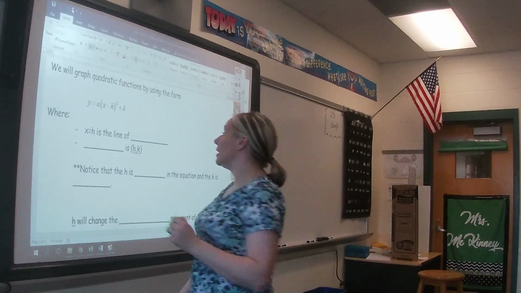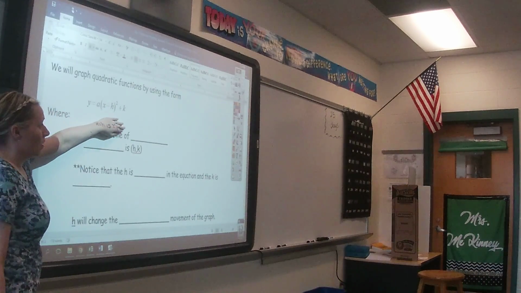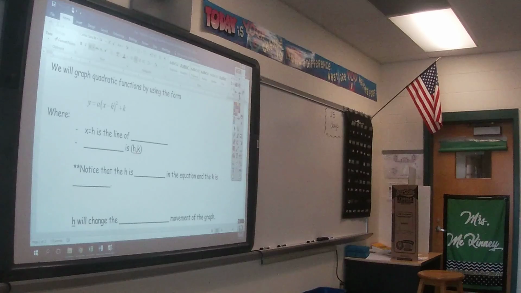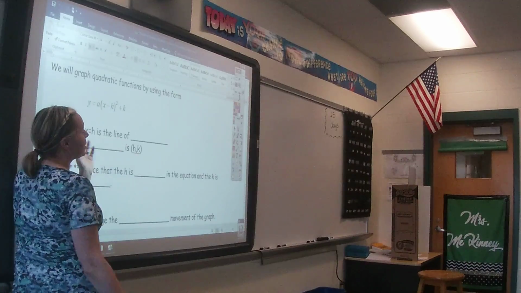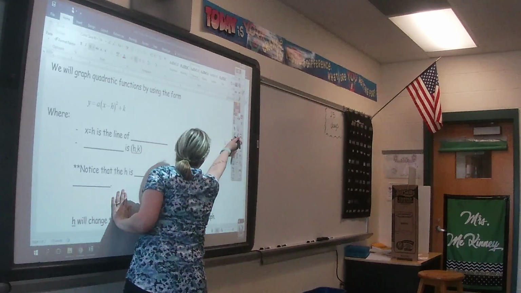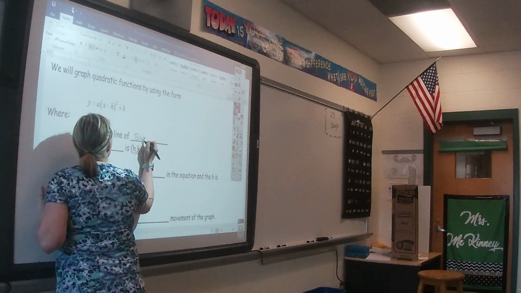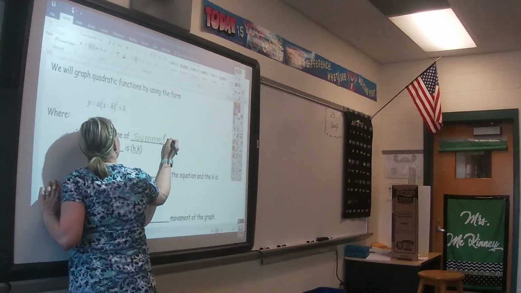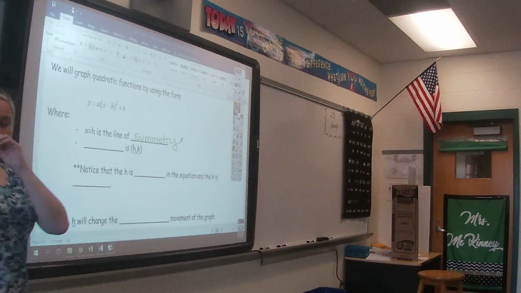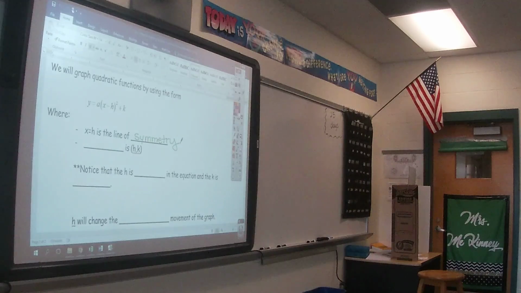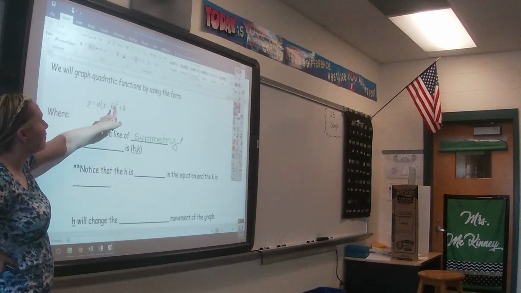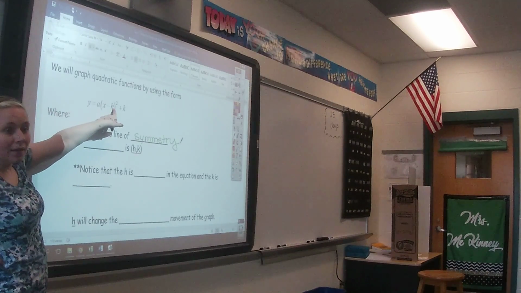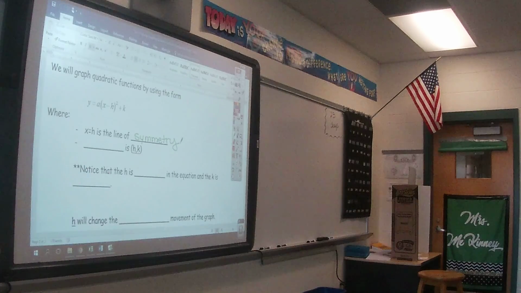So when we are in this format, we can then find those specific pieces that we just talked about. Okay, x equals h is going to be our line of symmetry. So if we look at this formula, if we identify the h value, it will then tell us where the line is that chops it in half.